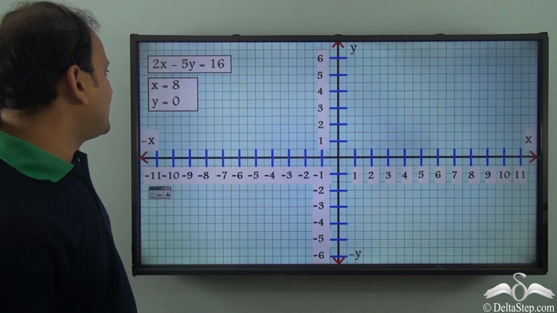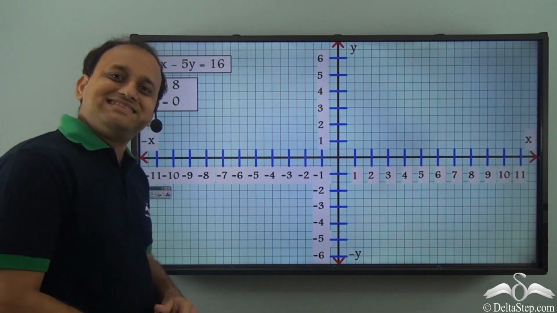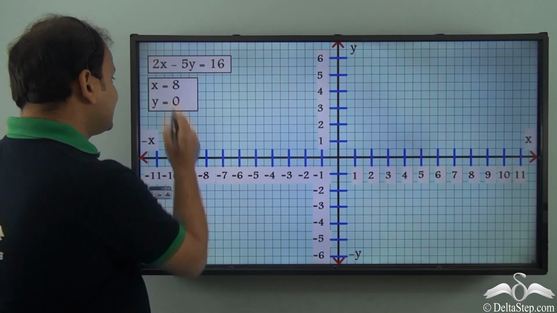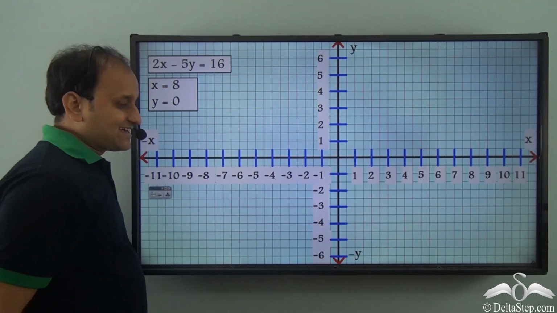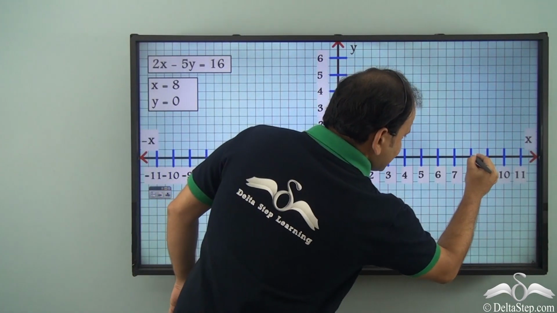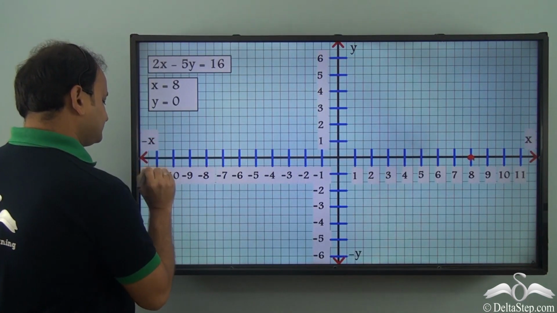So for this particular equation, first of all, we have x is equal to 8 and y is equal to 0, which means this is the x-intercept because this will lie on the x-axis. So we have y 0 and x is 8. So it's simply this particular point.